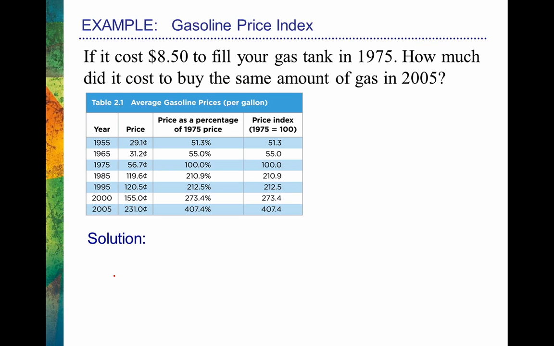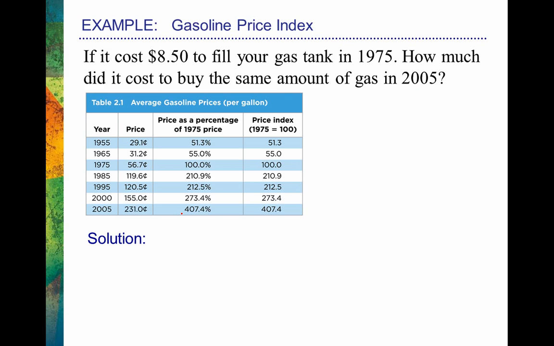If it costs $8.50 to fill your gas tank in 1975, how much did it cost or would it cost to buy the same amount of gas in 2005? All right, so in this particular case, we're dealing with first $8.50 that comes from that reference year. All right, so this is going to be a pretty simple equation, and we want to figure out if we spent $8.50 in 1975, how much would it cost to buy that same amount of gas in 2005?